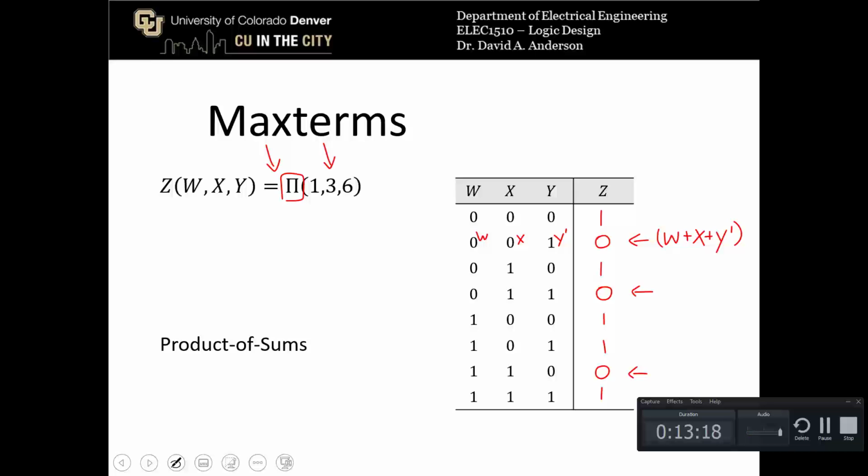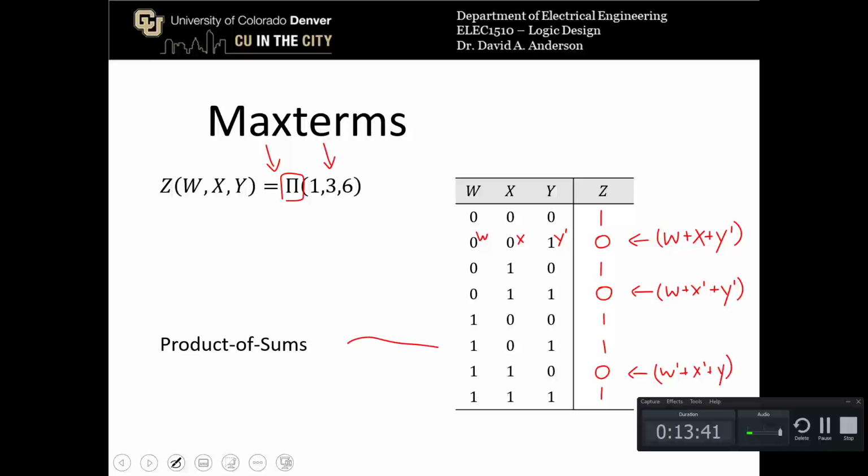The max term associated with the fourth row is w or x prime or y prime. And the max term associated with the seventh row here is w prime or x prime or y.